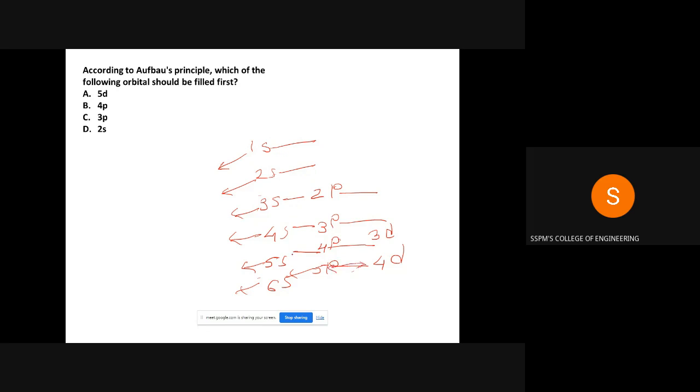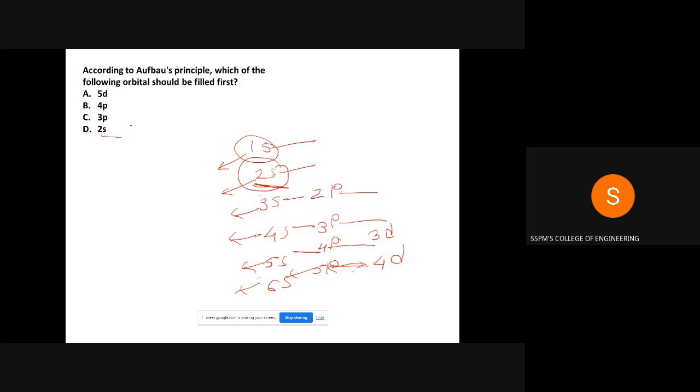So see the options: 5d, 4p, 3p, and 2s. Which has the lowest energy? Lowest energy is 2s. According to the Aufbau principle, the lowest energy orbital should be filled first. Among all these, 2s is the lowest energy orbital. 3p has greater energy, 4p is again greater, and 5d has more energy.